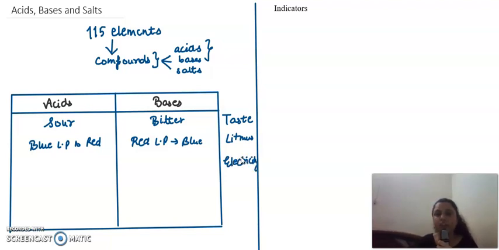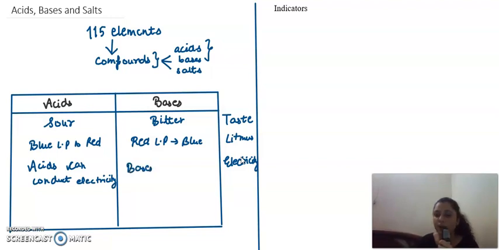Acids generally conduct electricity. There is a reason behind it which we need to discuss extensively. Acids do conduct electricity, but bases cannot conduct electricity. I will tell you the reason for the same.